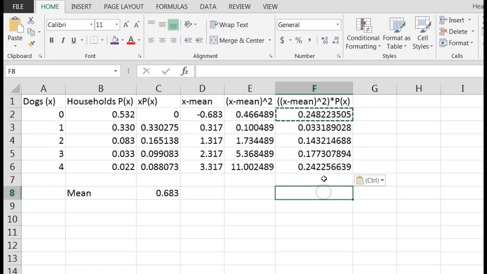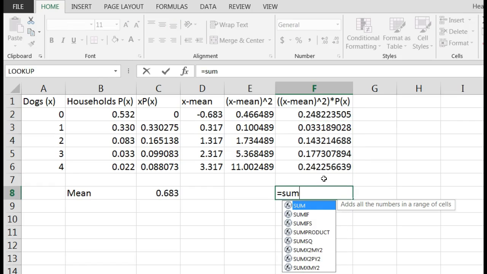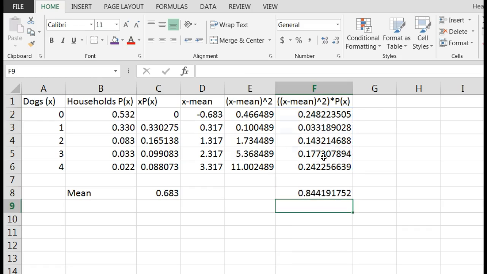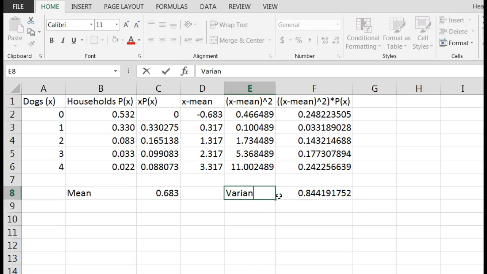Then I'm going to sum these up. Equals the sum of X minus the mean squared times the probability of X. It gives me 0.844. This is my variance. Maybe over here I ought to say the mean is. You don't have to do this.